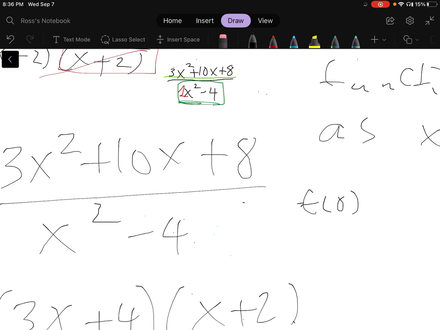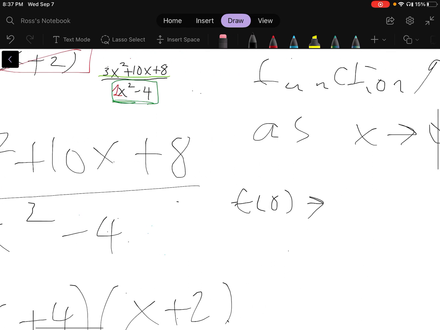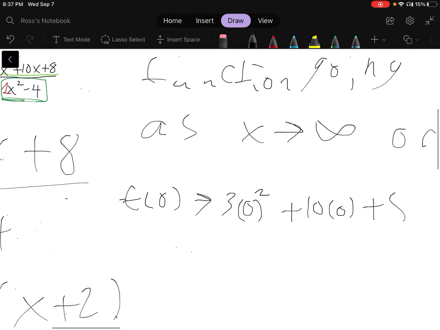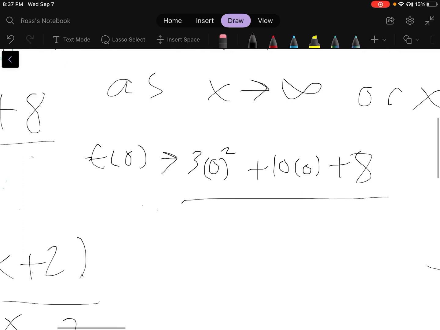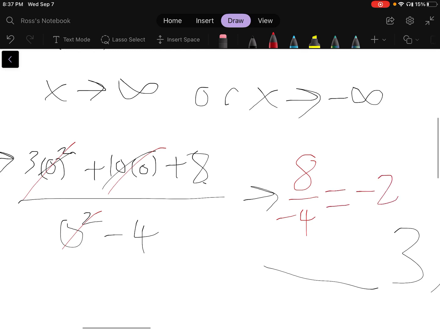I'll copy what's on the left and get 3 times 0 squared plus 10 times 0 plus 8, over 0 squared minus 4. That simplifies down, because those are just 0, to 8 over negative 4, which simplifies to negative 2.